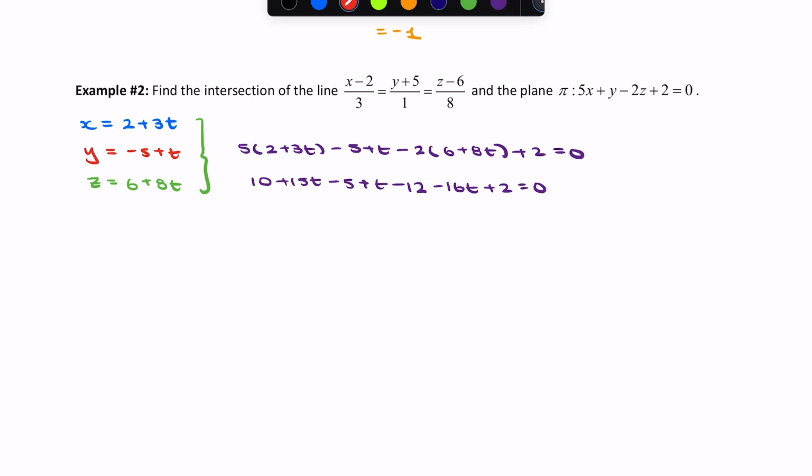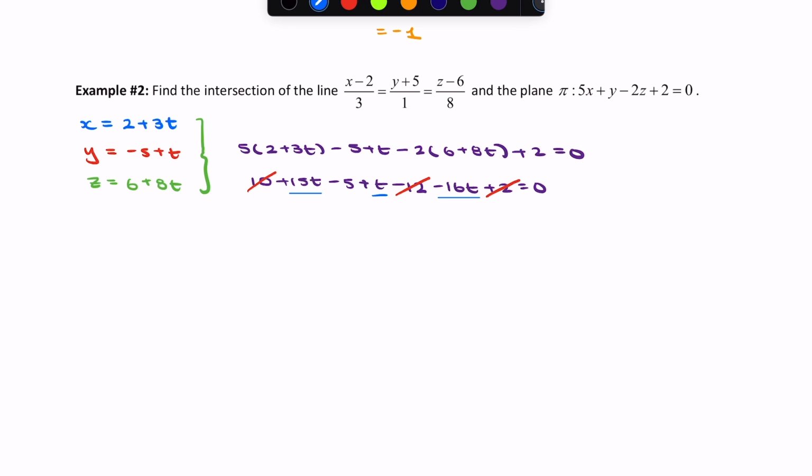Here we can simplify a few things. We have 10, negative 12, and positive 2, which cancel each other out. Collecting like terms, we have 15t, t, and negative 16t, and we're left with the constant as well.